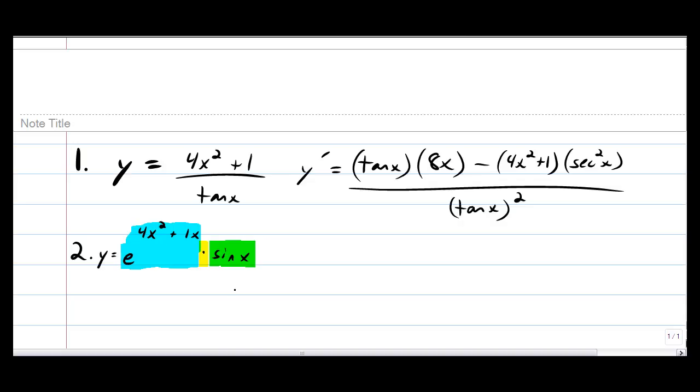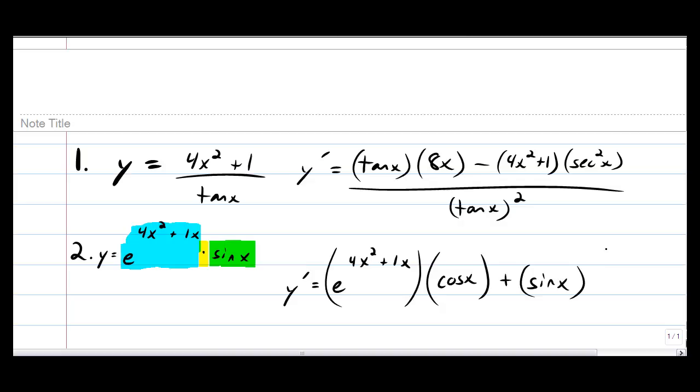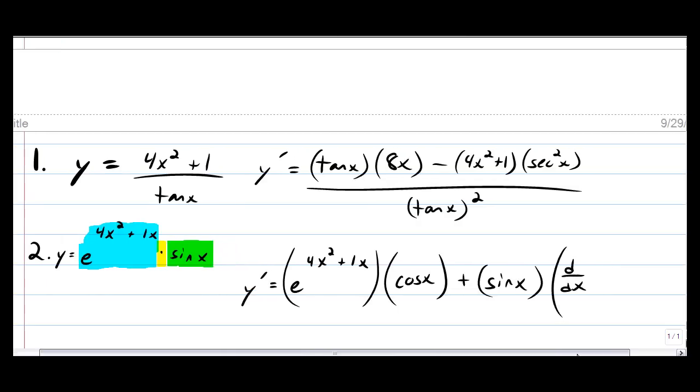Product rule says leave the first one alone, and then multiply by the derivative of the second one. And then leave the second one alone. Multiply by the derivative of the first one.